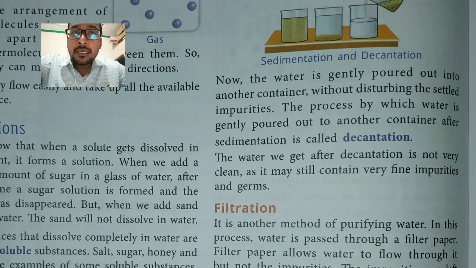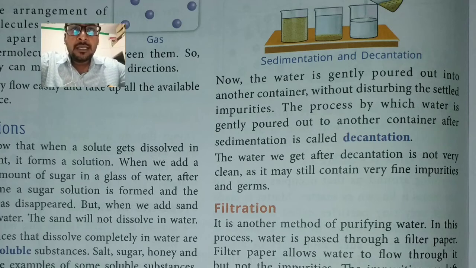Without disturbing the soil or the sand which is at the bottom of that beaker or the container, the water is being poured gently out to another container after sedimentation. So that is why sedimentation and decantation goes together, because this is the old method.